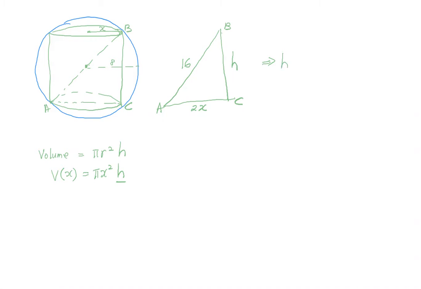Yes, you can. You use Pythagoras theorem. 16 squared minus 2x squared. So 16 is 2 times 8. Do you know why Miss Do writes it like that? So that I can factorize out this.